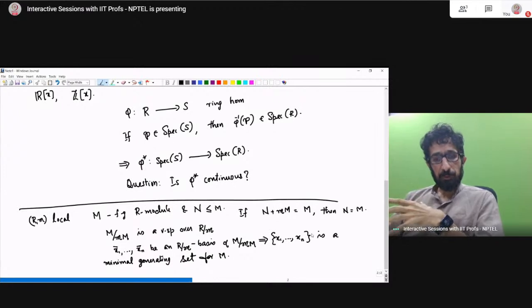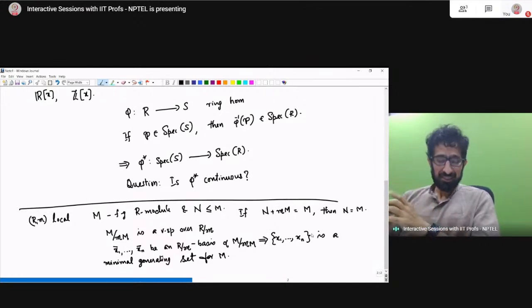So if you take a finitely generated module over a local ring, Nakayama lemma immediately says that you take any minimal generating set, the number of elements in the minimal generating set is going to be equal, right?